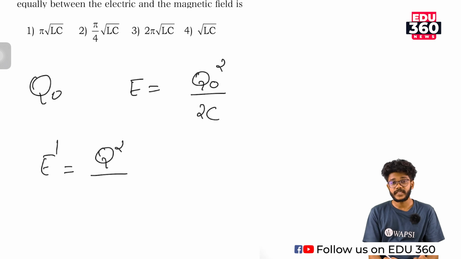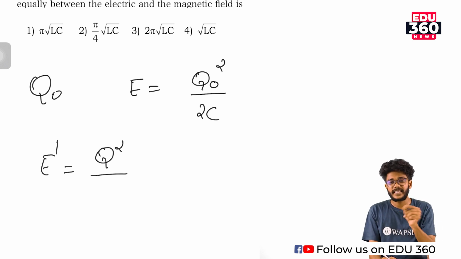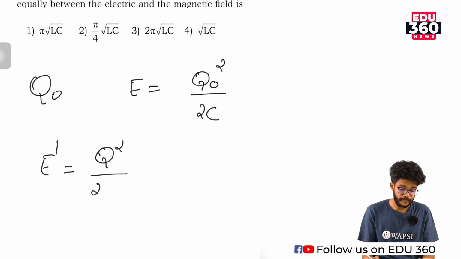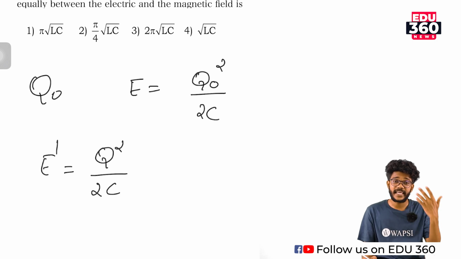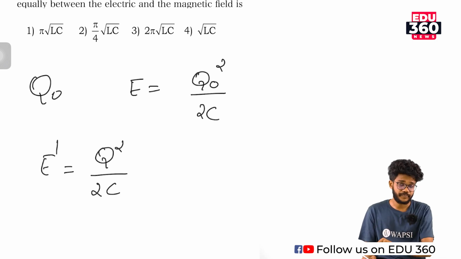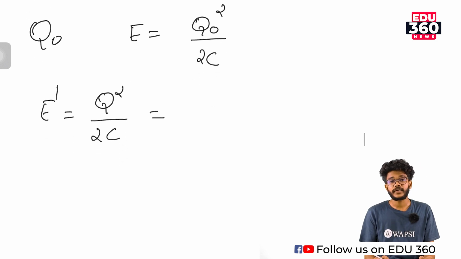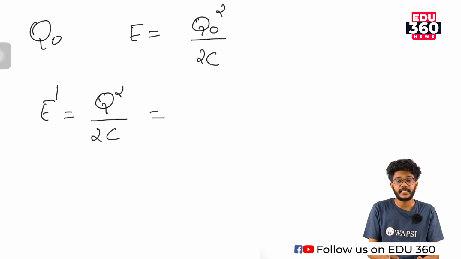Q is the instantaneous charge when half of the energy is given to the inductor. So Q square by 2C is E dash, the latest energy inside the capacitor. That is equal to half of the initial energy stored in the capacitor.